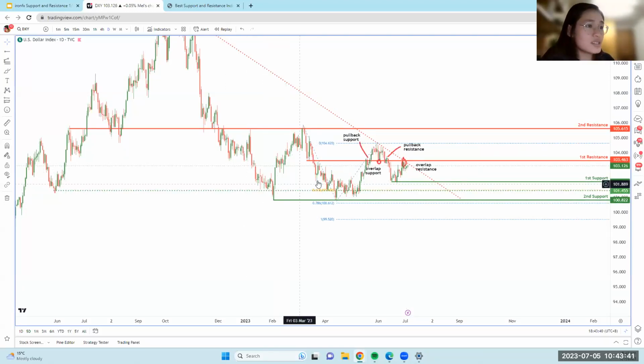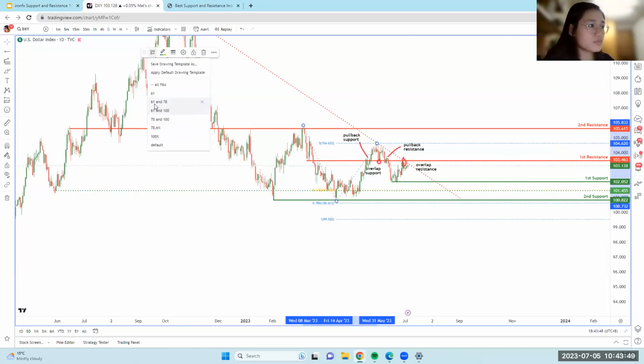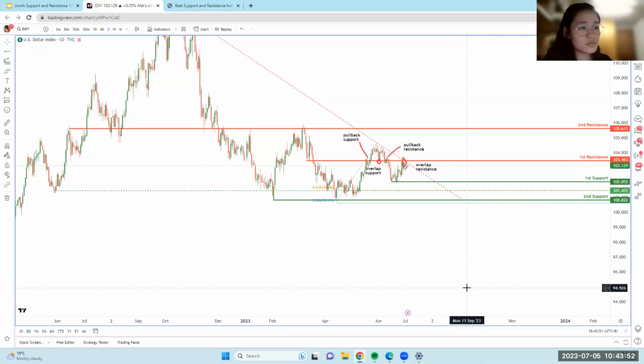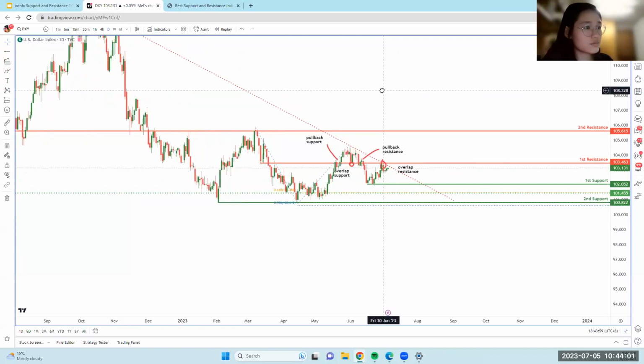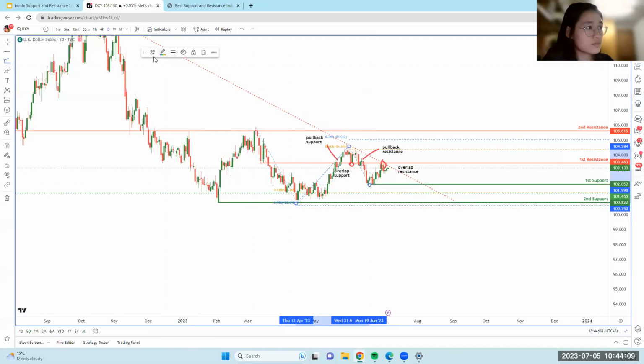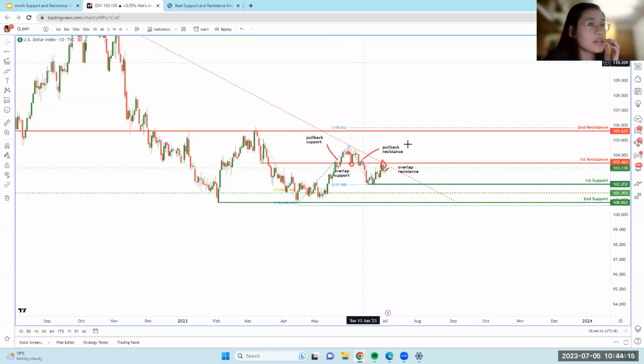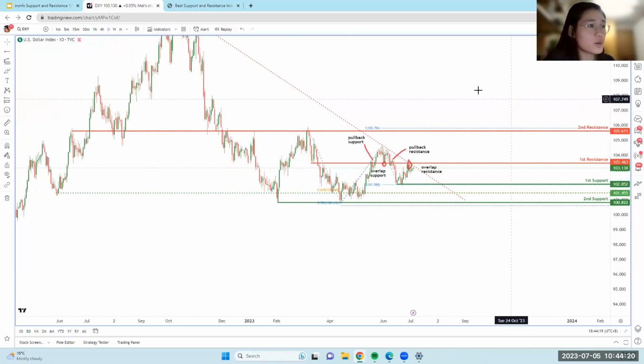And price has tested this level many times in the recent past. So that's my intermediate support level. Okay, and my 100% Fibonacci projection lines up with my second resistance as well.